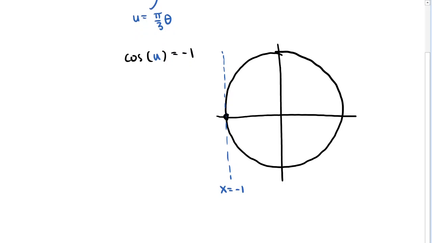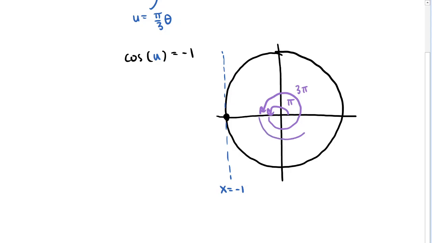And so on our unit circle, an angle of pi, for example, would give us a cosine value of -1. And if we went all the way around our circle and then back, right, an angle of 3 pi would also work. If we added 2 pi on top of pi, we'd end up at the same position on our unit circle. We get a cosine value of -1.